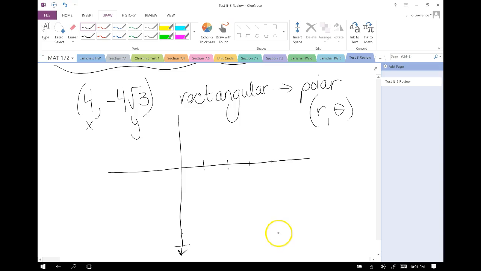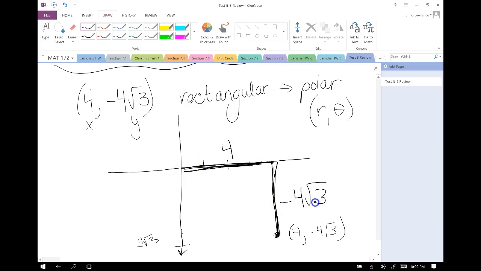But I'm just going to say it's down here somewhere. So when we get there with an X and a Y, we get there by going first horizontally and then vertically. I went 4 units to the right, and then negative 4 radical 3 down.